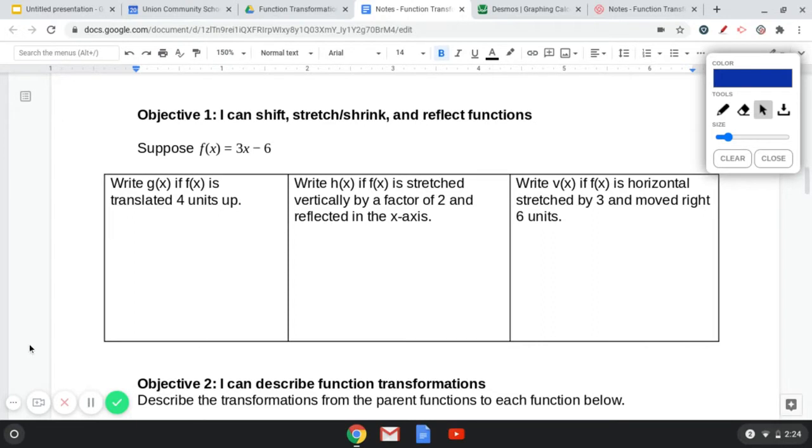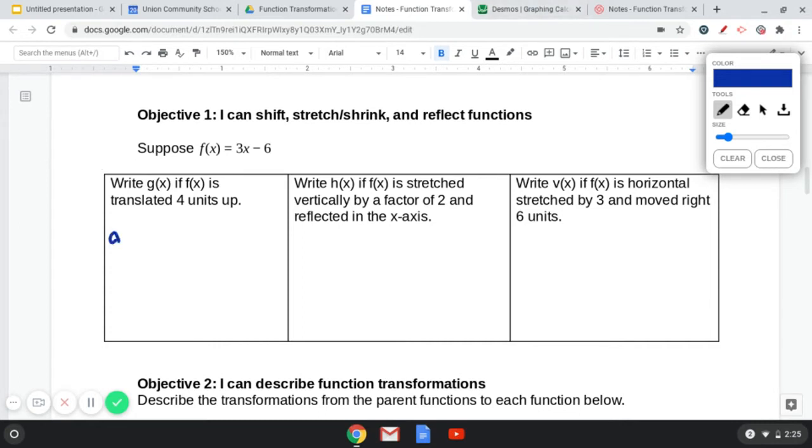So in this first example, we're going to suppose that a function f of x equals 3x minus 6. And we're going to apply these separate transformations to it. So we're going to write g of x, a function g of x, if f of x is translated 4 units up. So we'll talk about this algebraically, and then we'll go to Desmos and make sure we're right.